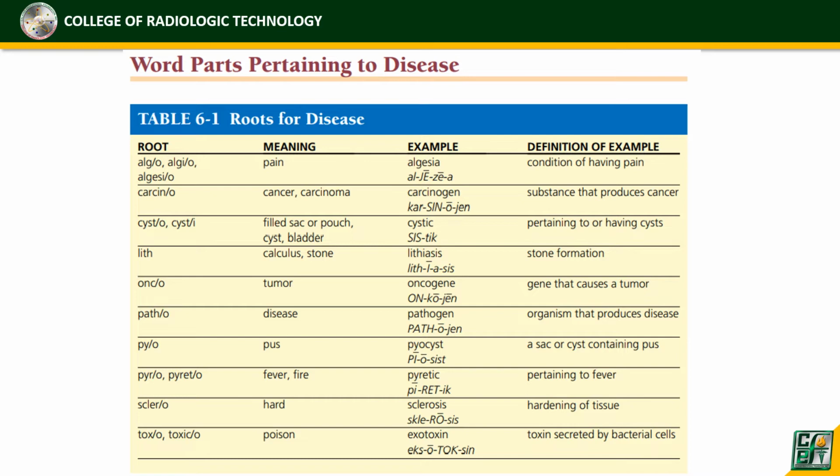Then we have cysto or cysti, okay, cyst or filled sac or pouch or bladder, cystic, pertaining to the bladder or pertaining to or having cysts. Then we have lith. Lith means calculus or stones. So lithiasis, meaning stone formation. Okay, next we have onco means tumor. Oncogene, gene that causes a tumor.